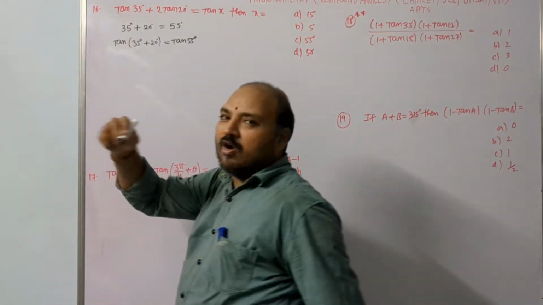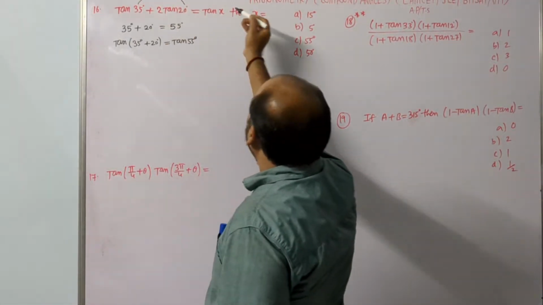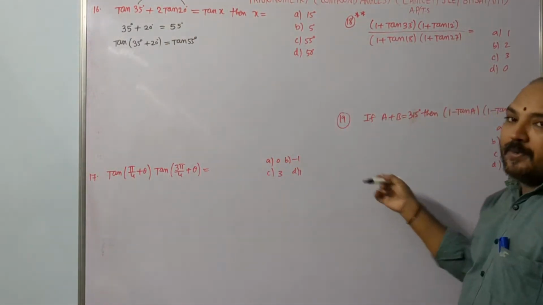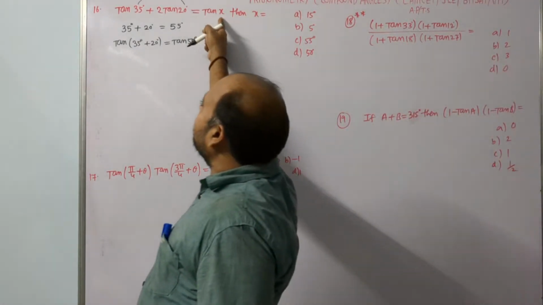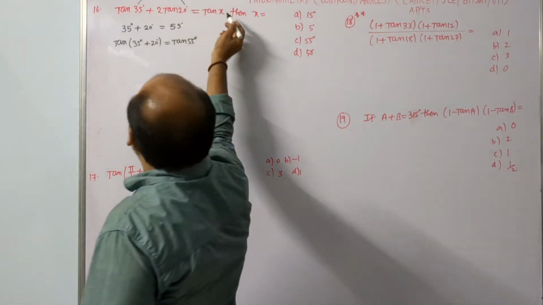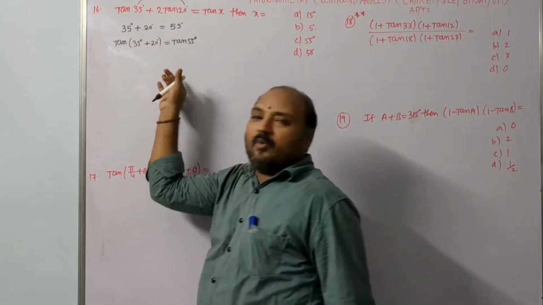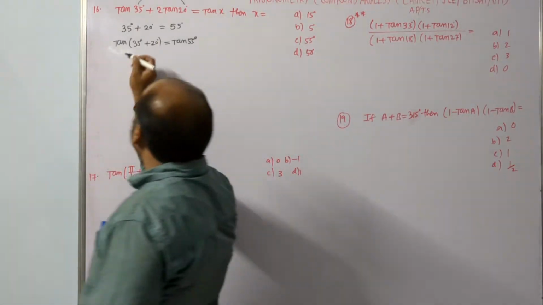Previously they asked cot, now tan. If you do the sum in terms of cot, the answer will be different. Now we can write it directly, 35 plus 20 is 55 is our answer, but let us see how it comes, dear students.